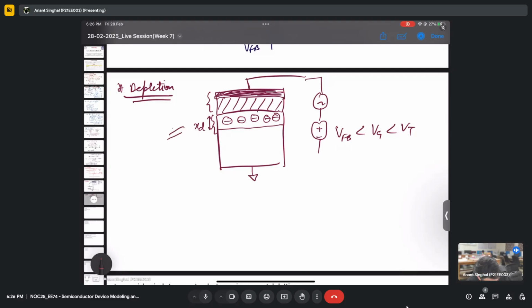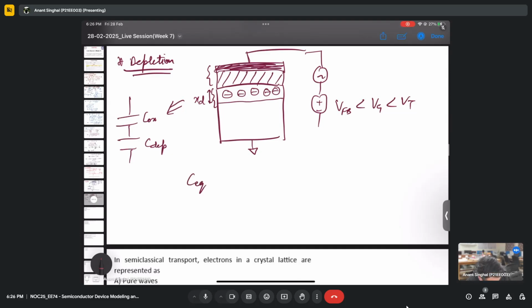So I can make this equivalent. The first capacitance is C ox, and in series with it there is one more capacitance, which is C depletion. The equivalent capacitance will be lesser than these, and it follows the series formula, C depletion times C ox over C depletion plus C ox. This is how the capacitance starts to reduce.